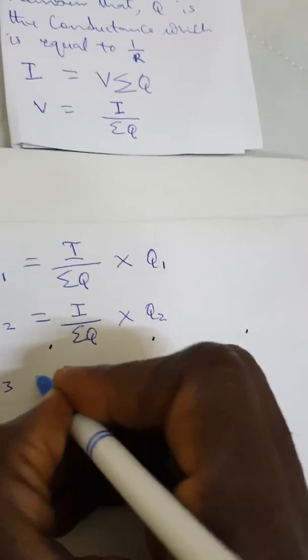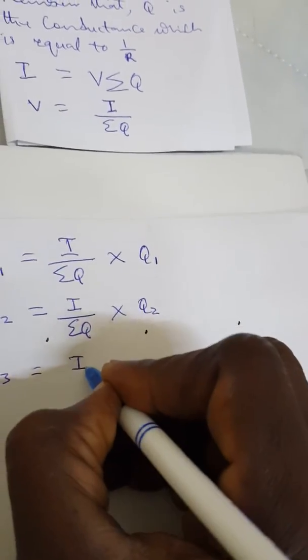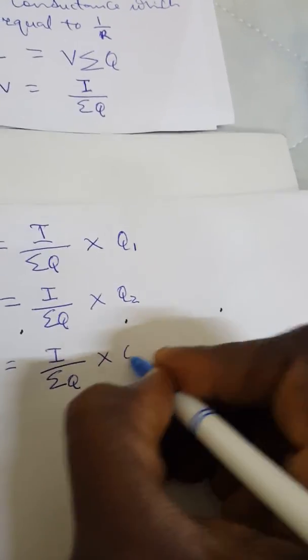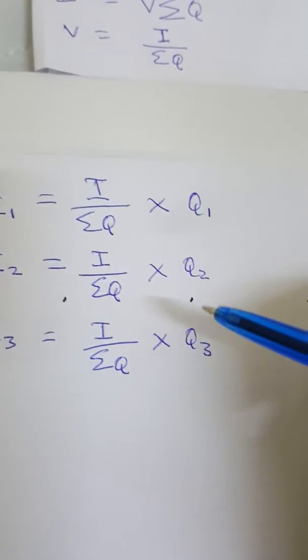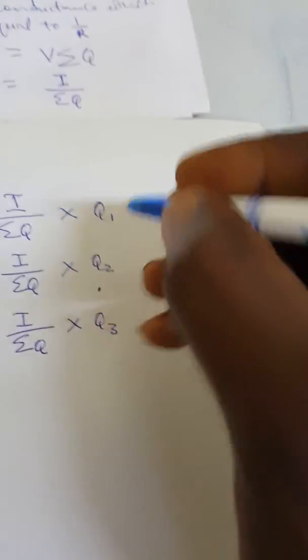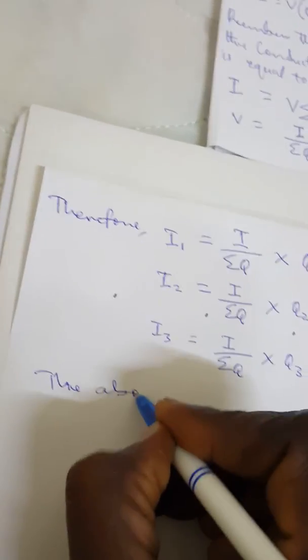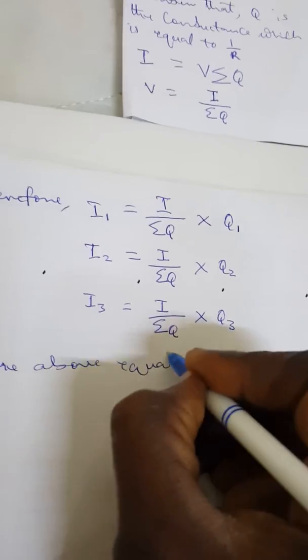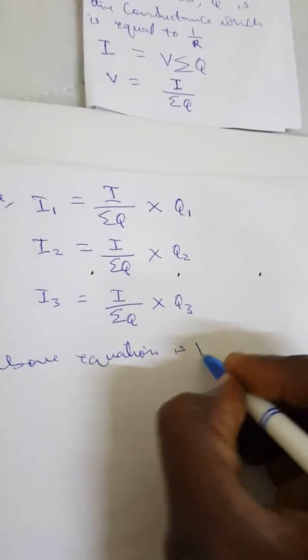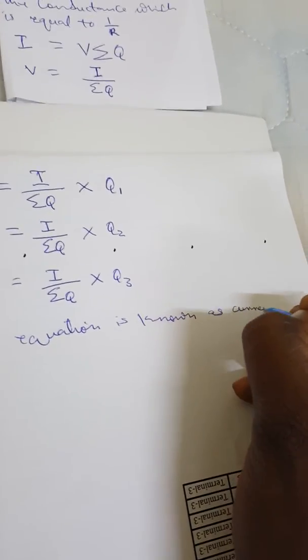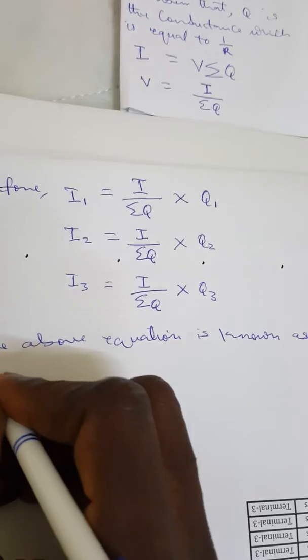I3 is equal to I all over the total of G, multiplied by G3. The above equation is known as current divider rule.